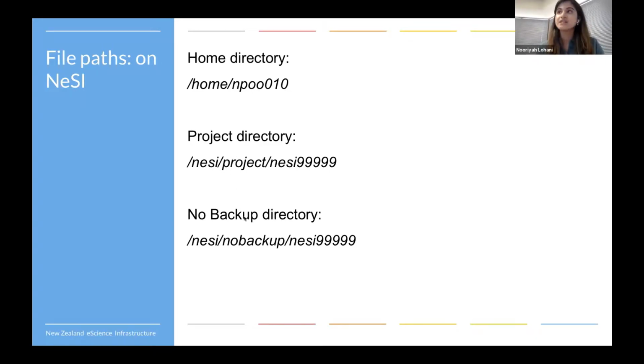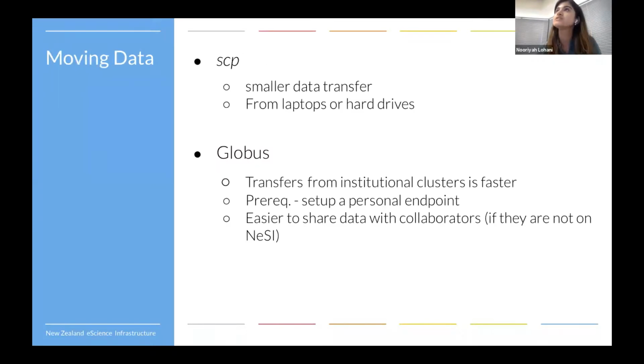But if there's data like intermediary files that are quite large when you run your applications, or just raw data that you have a personal copy of, then you can load that onto the no backup directory, because that has more disk space than your project directory. So that's just a bit about the NeSI file paths that you will need.